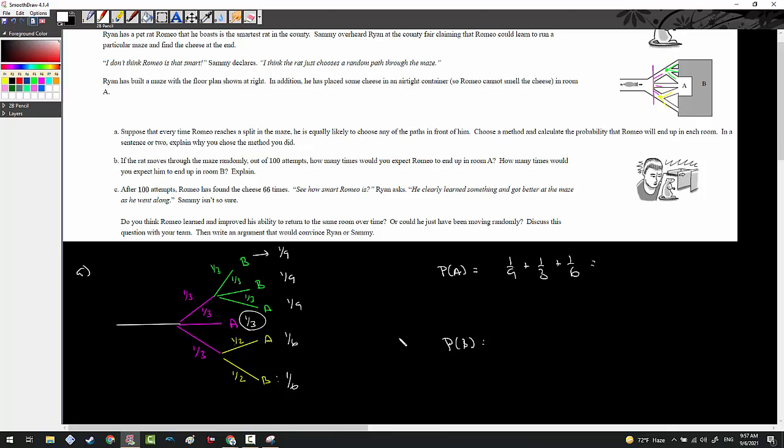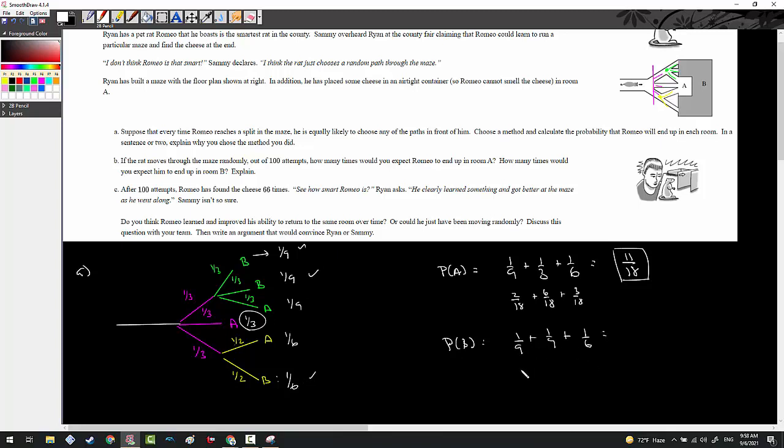And after getting all the common denominators and adding them up, that ends up being 2 over 18, 6 over 18, and 3 over 18. That's going to be 11 over 18 chance of ending up in room A. In room B, that's going to be 1/9 plus 1/9 plus, so I took care of this guy and this guy, and then another room B plus 1/6.